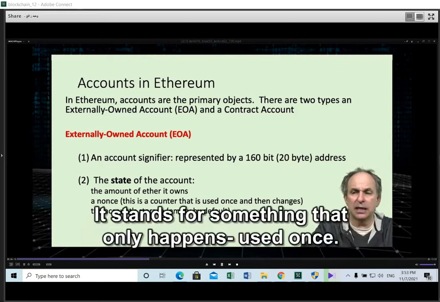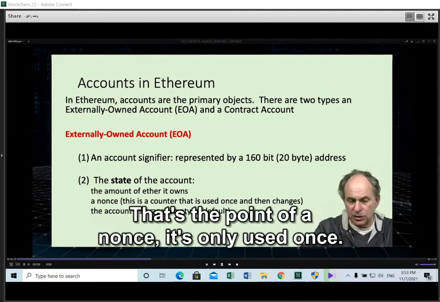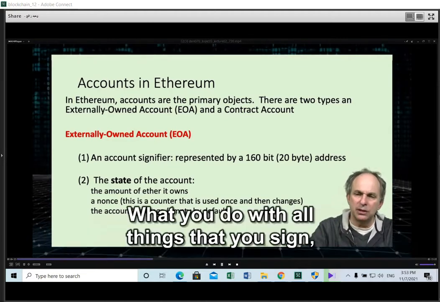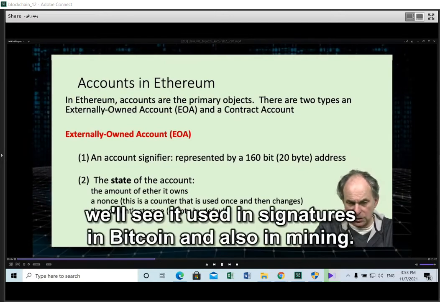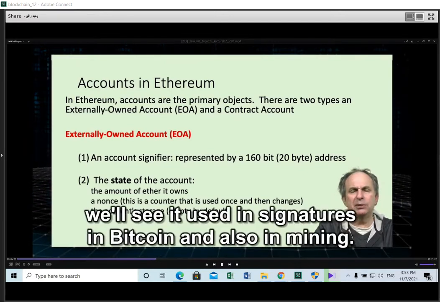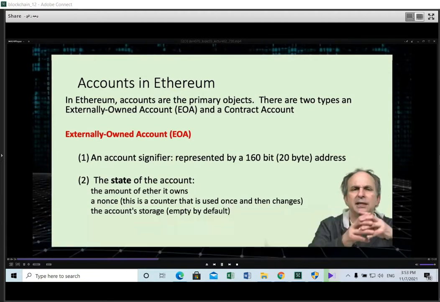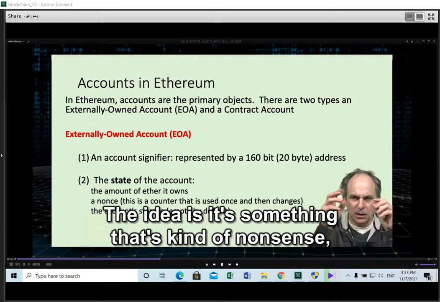It stands for something used only once. And that's the point of a nonce. It's only used once. You use it with all sorts of things that you sign, and we'll see it used in signatures in Bitcoin and also in mining. But the idea is it's something that's kind of nonsense.